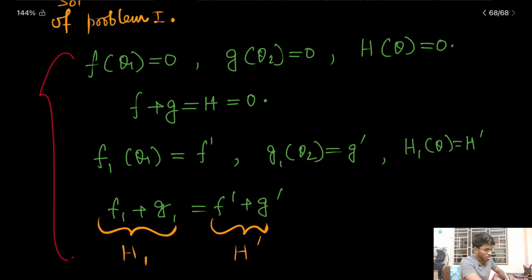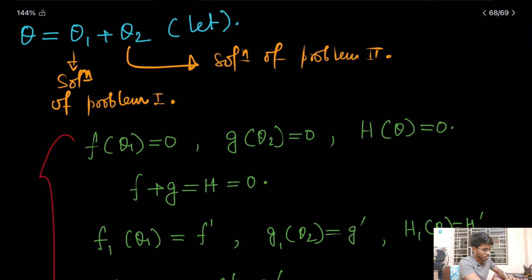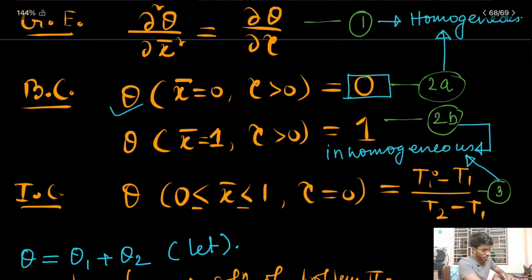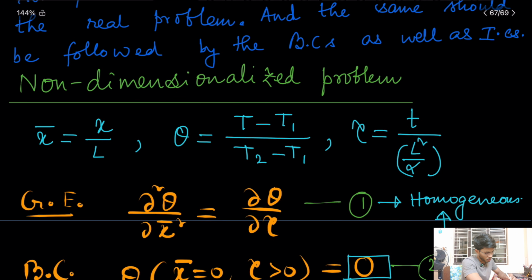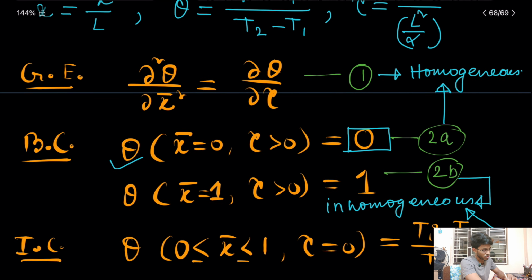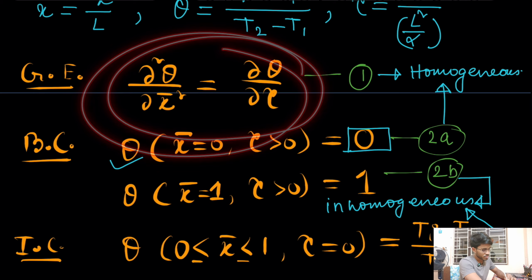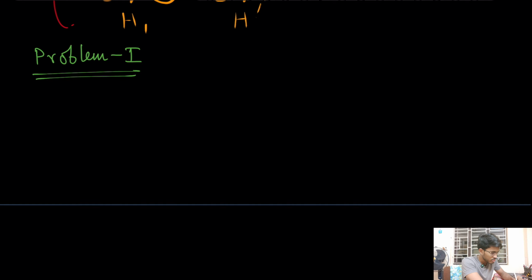Okay, now let us try to break the problems. My governing equation is this one, right? Let me write it. I will give two headings: problem 1, and on this side I will have problem 2.